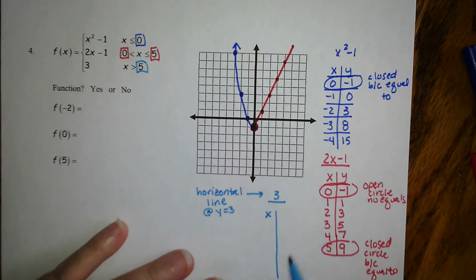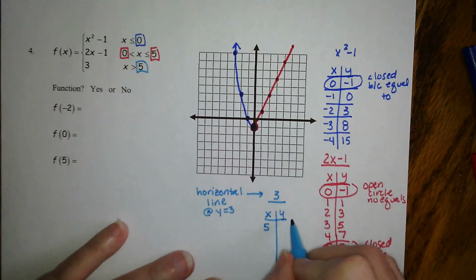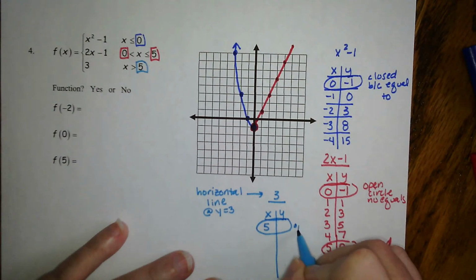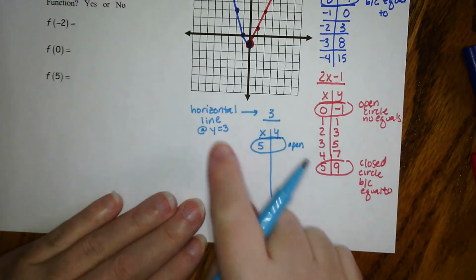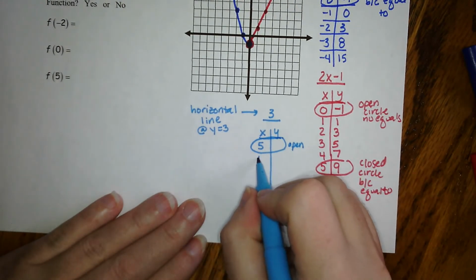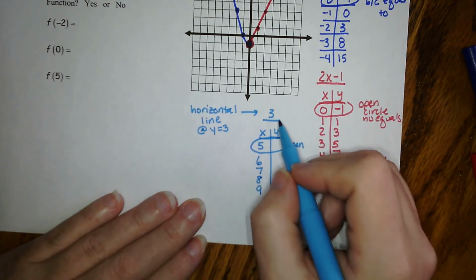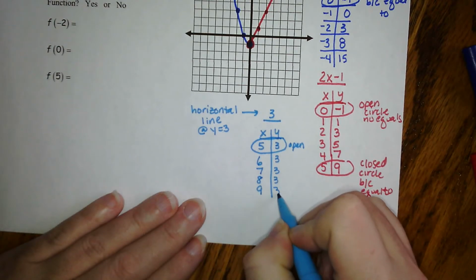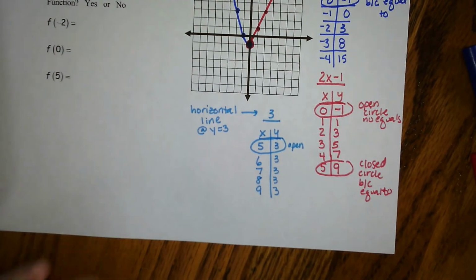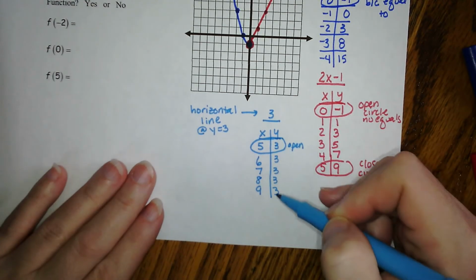So when we set up our table, we have to put 5 down, but 5 is going to be open. Okay. And then we want larger than 5. So 6, 7, 8, 9. And since y is 3, we're literally just filling y with 3. That's what this means. Horizontal line where y is 3, all the y values are 3.